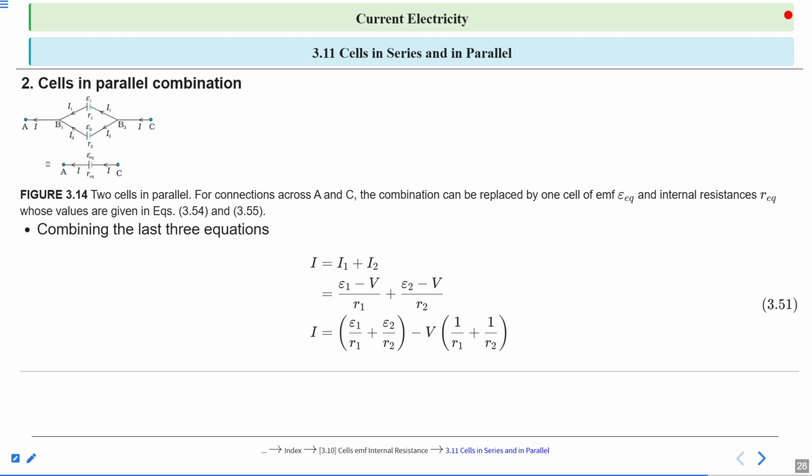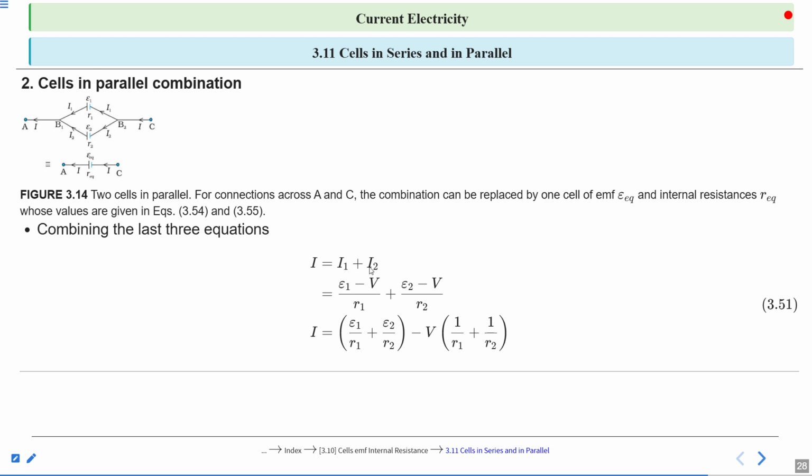So derive the values of I1 and I2 from those two equations, and according to those equations and the equation I equals I1 plus I2 that we saw at the beginning of the topic, cells in parallel combination.